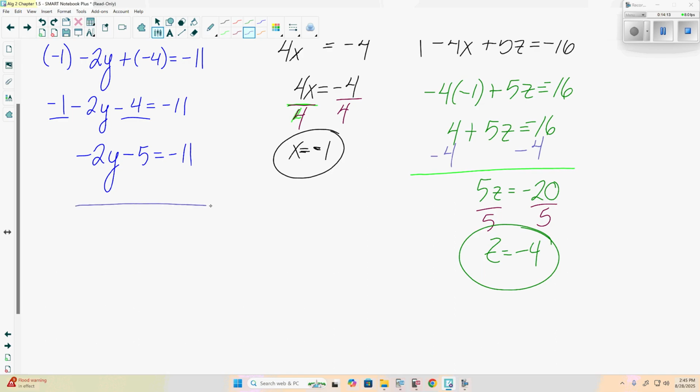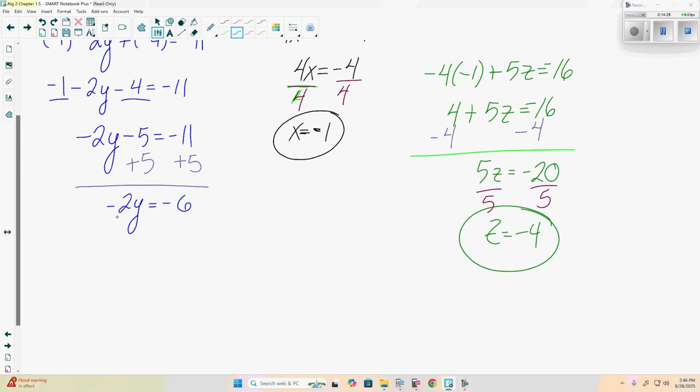Now at this point here we can add 5 to both sides, telling us negative 2y equals negative 6. Last but not least, we can divide both sides by negative 2, telling us y is equal to 3.